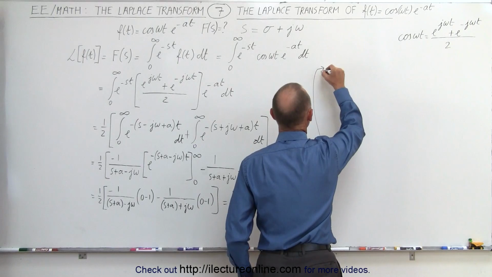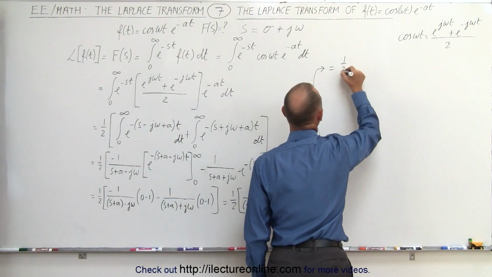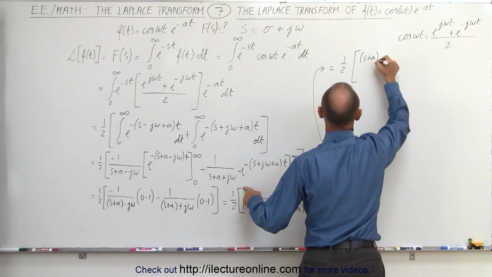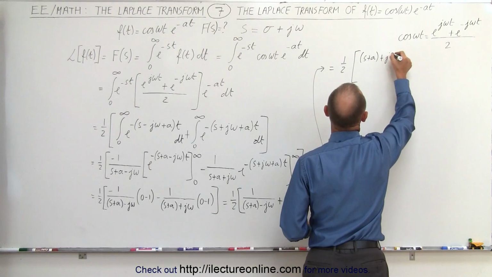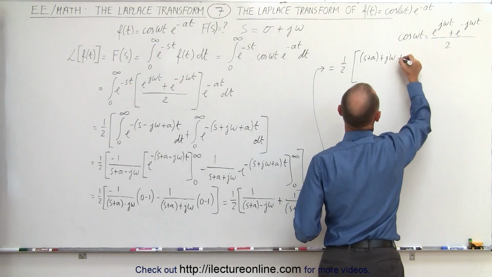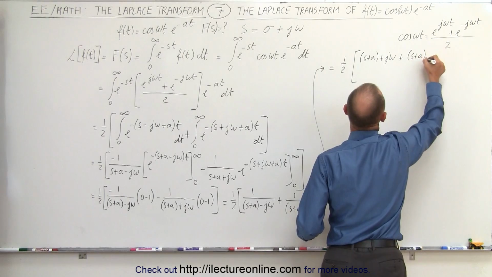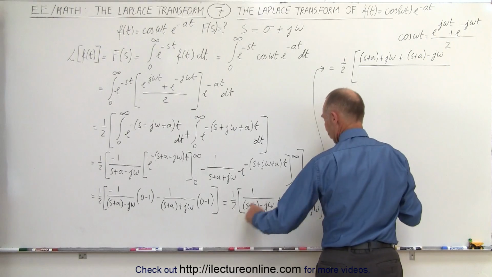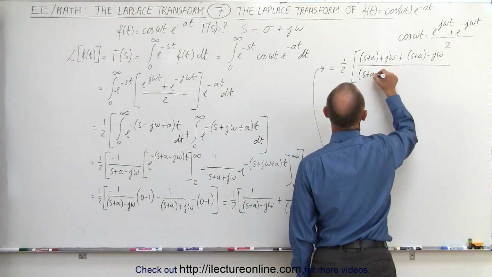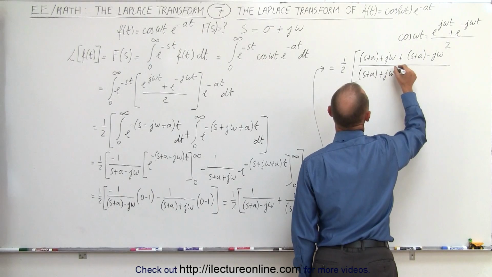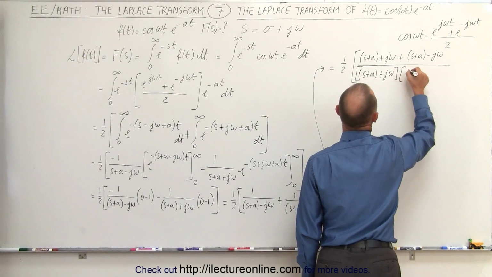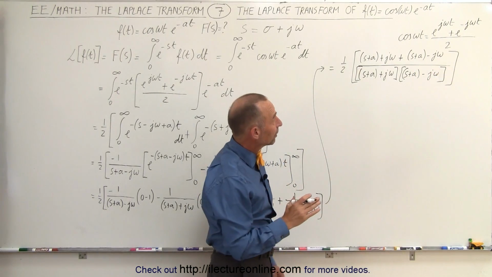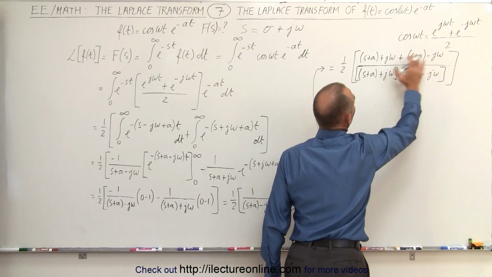So this is equal to 1/2 times s plus a plus j omega plus s plus a minus j omega in the numerator, divided by the product of these two, the common denominator, s plus a plus j omega multiplied times s plus a minus j omega. Now you can see in the numerator, the j omega will cancel out.